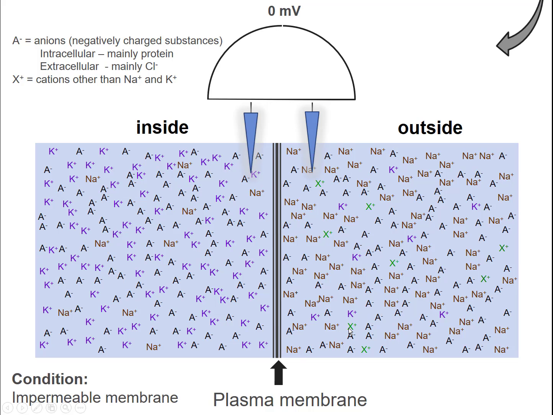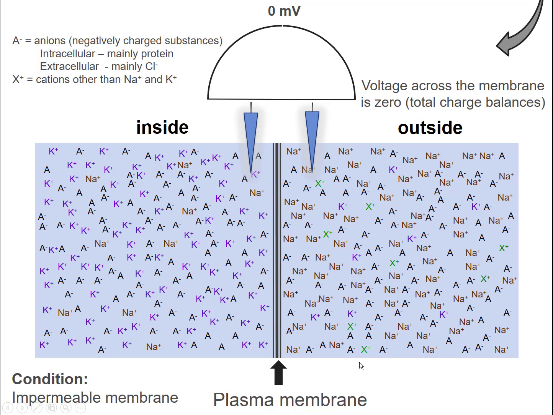Let's say that in this hypothetical system, our condition is an impermeable plasma membrane. So no ion channels are open and no ions can move between the compartments. The way we have this set up is so that the charges are balanced.